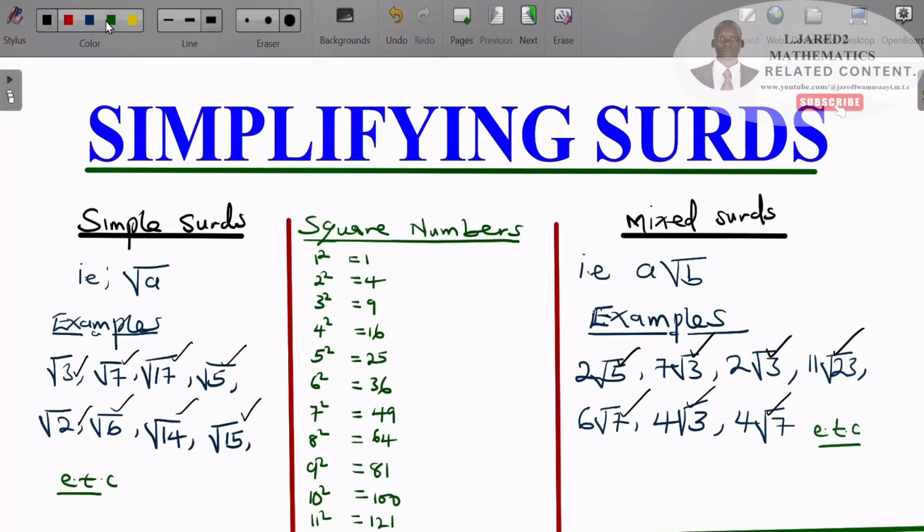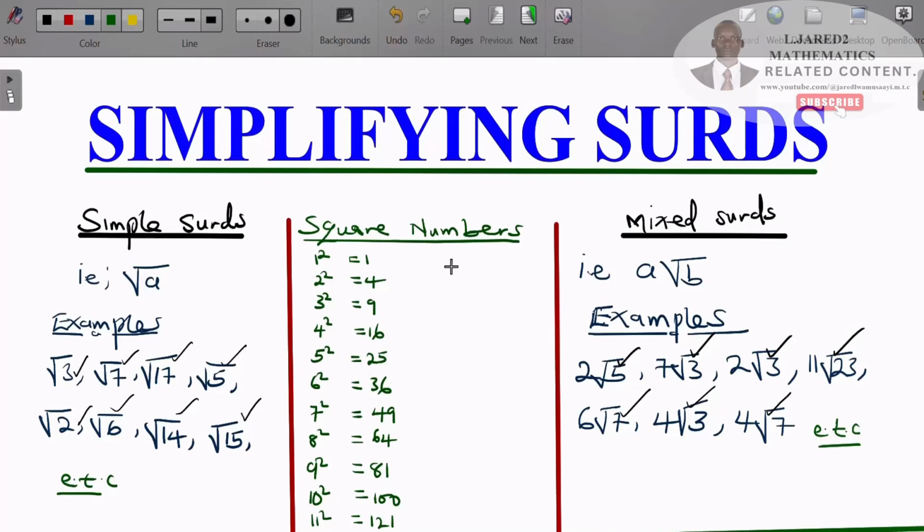Then in the middle here, we have the square numbers. Why are they here? It is very important that when you're talking of Surds, we should know the square numbers. Square numbers are got by squaring the real numbers or the integers. In Surds, we are talking of the positive real numbers.